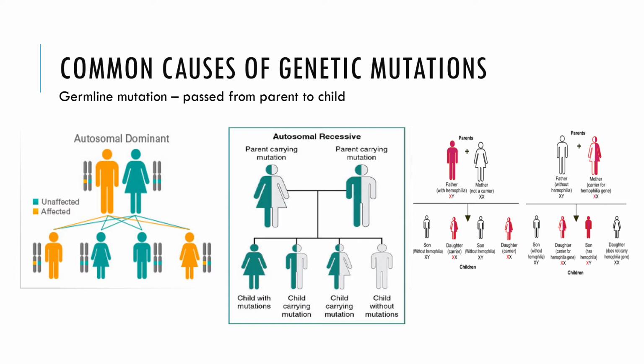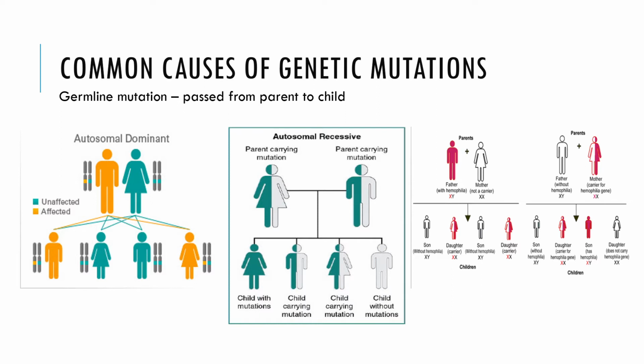Now, there are common causes of genetic mutations. The germline mutation is usually passed down from a parent to a child. And here are, again, examples that were repeated, like the autosomal dominant on the left and autosomal recessive. These are present in the sperm cell, right? And the oocyte, and the mutation is present in every cell for the individual's lifetime.